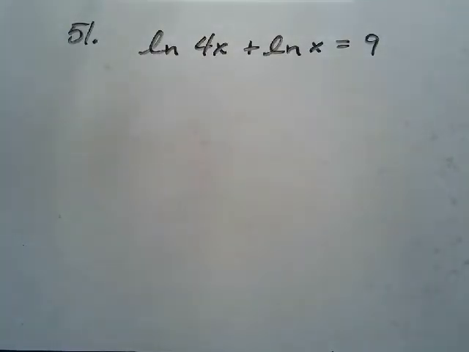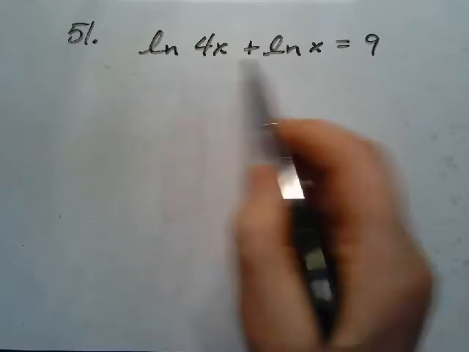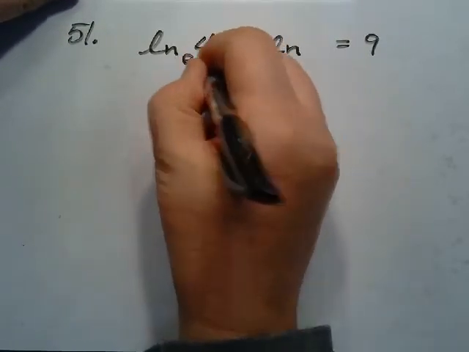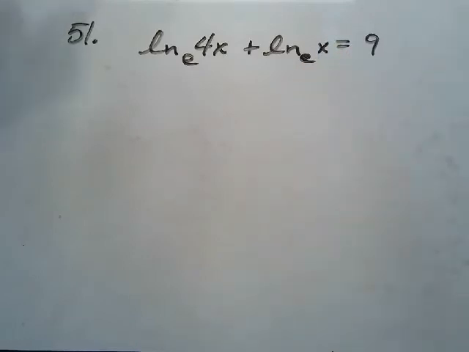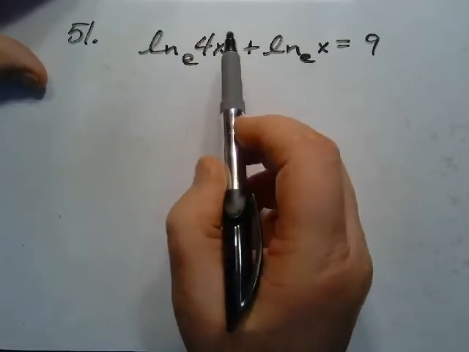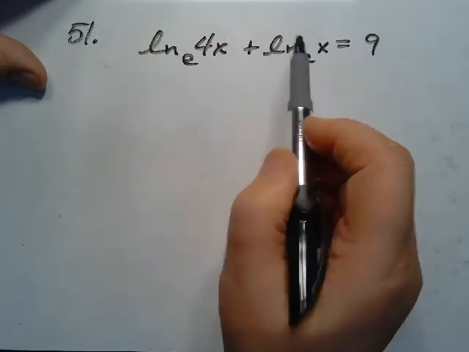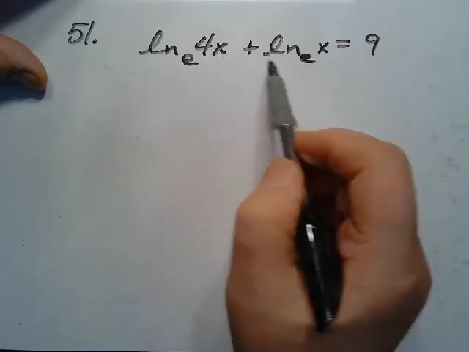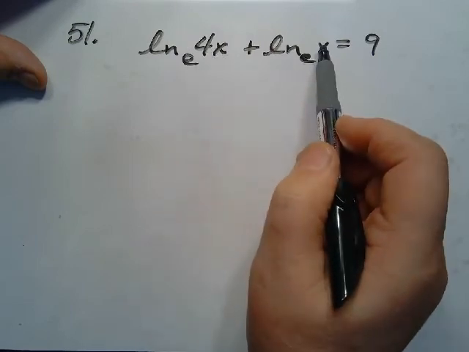All right, let's take a look at one more problem here. You notice I've written this is problem 51. I've written this exactly the way it's in the book. There's no e's here, and that always looks a little funny to me, so I just go ahead and fill those in. This is e here, this is e to the x, there we go. Now if you recall, we're going to end up using one of the properties of logs here that says, if I find myself adding two logs, which are exponents, the request must have been to multiply.